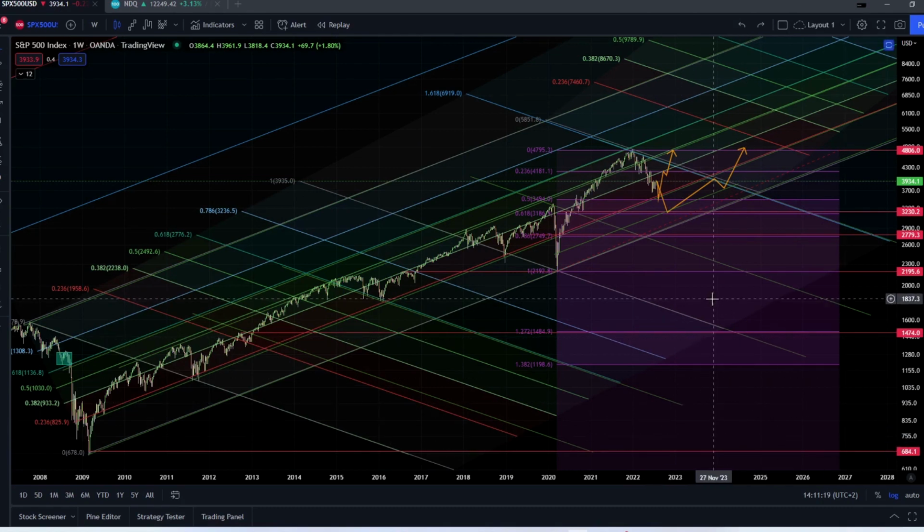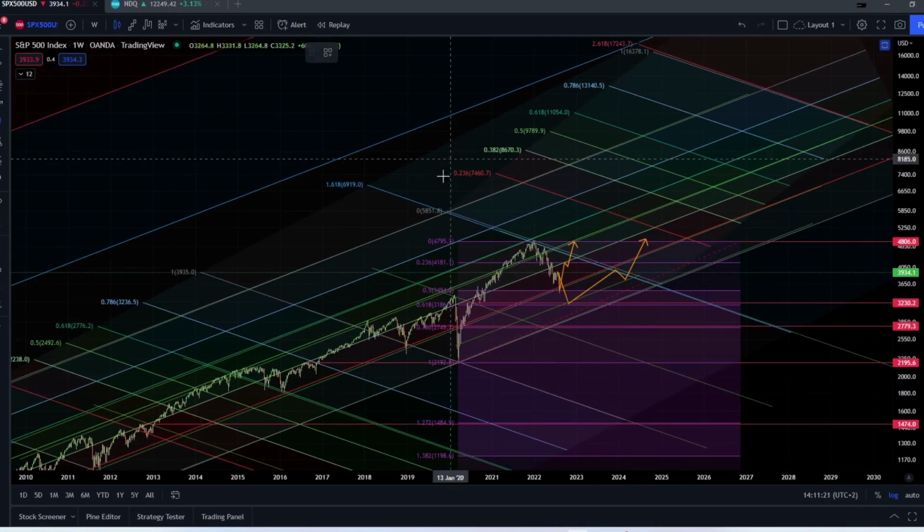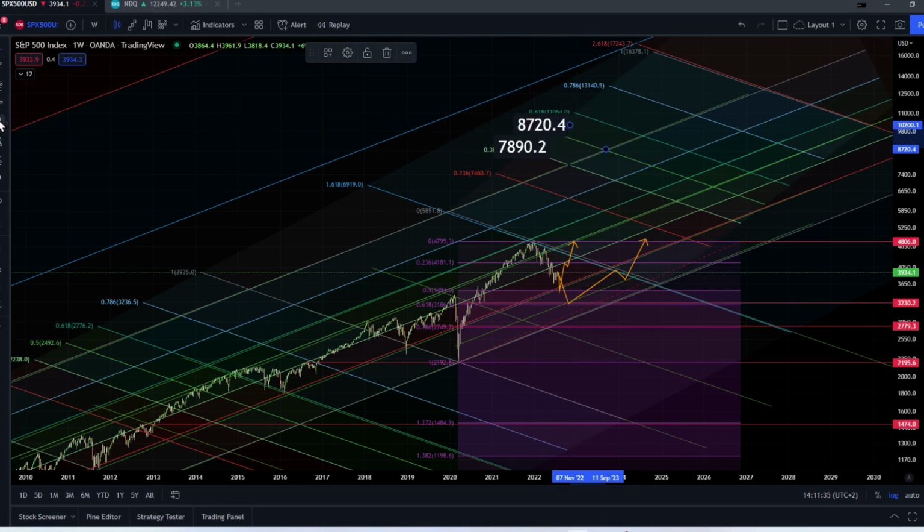Higher targets like the 7,900, for instance, or here the 8,700, or even further the 9,500 is pushing towards July 24, while the two previous ones are September 23 and November 22, the first target.